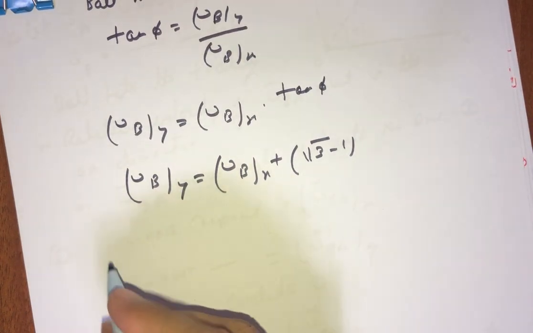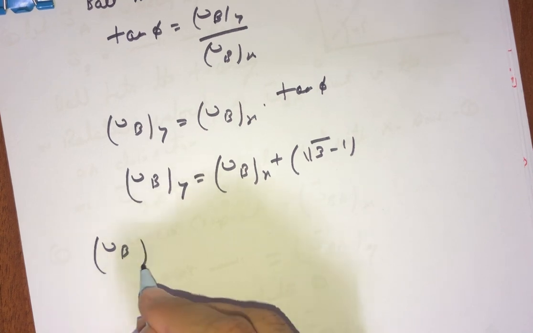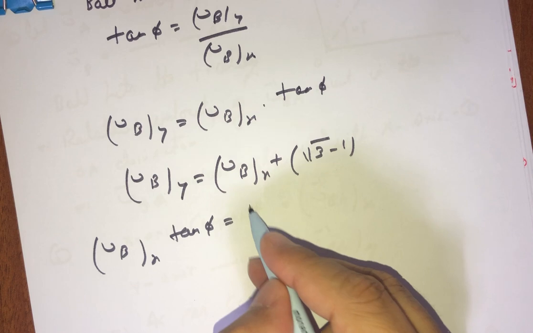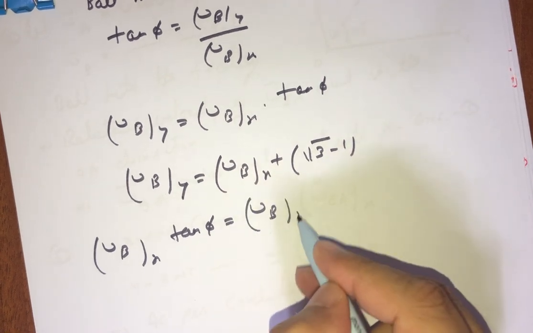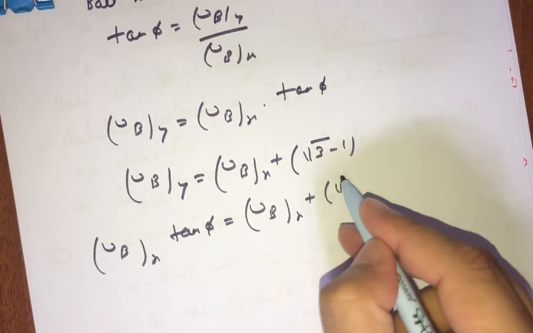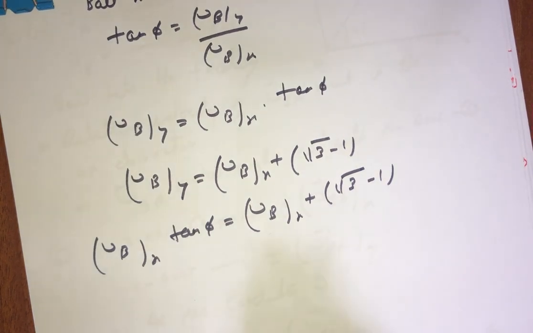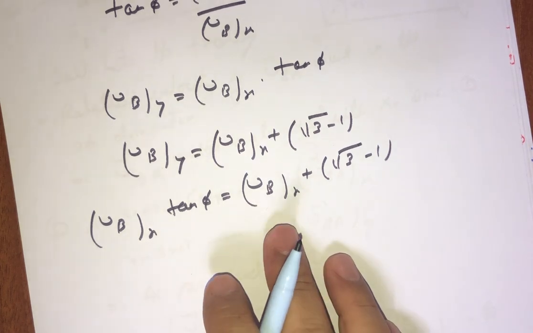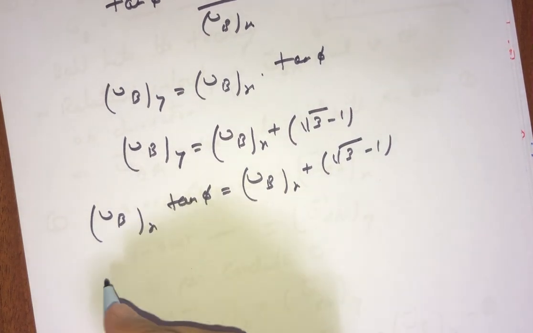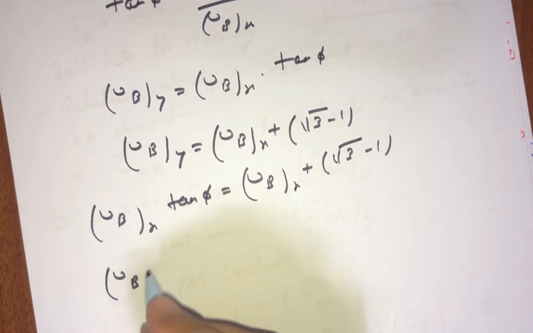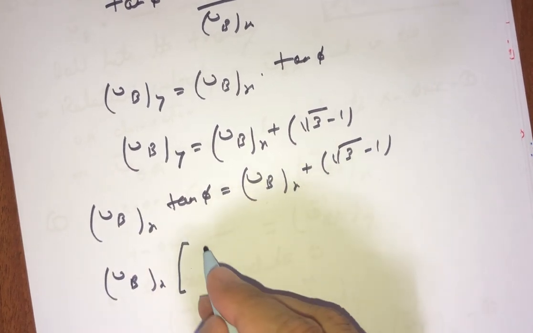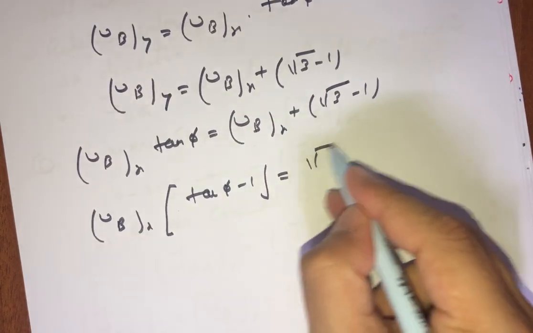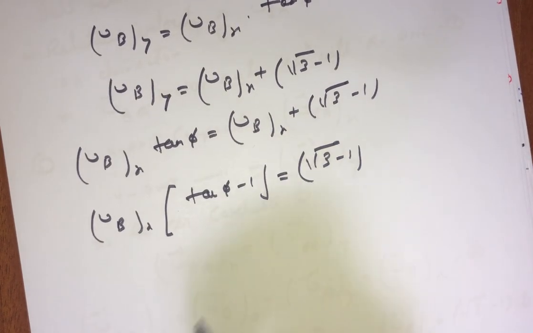So this will be VBx tangent of phi is equal to VBx plus root 3 minus 1. Taking this to the left side and VBx as common, this will be VBx times (tangent of phi minus 1) is equal to root 3 minus 1.